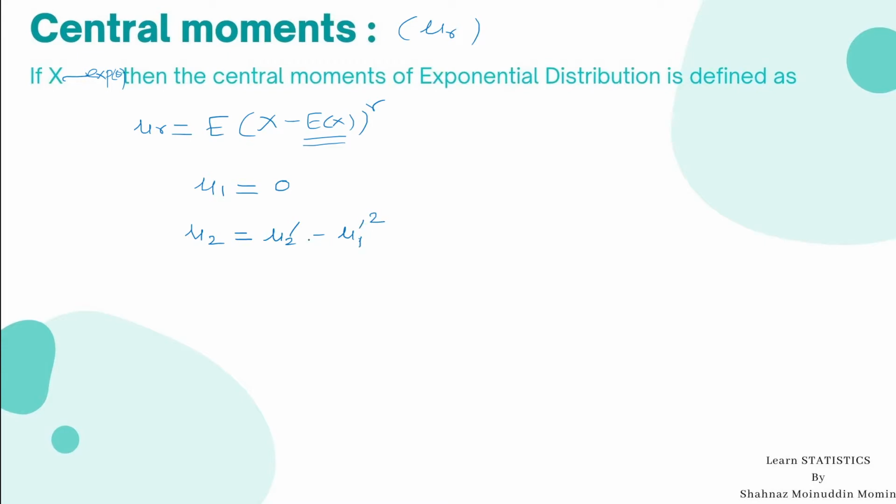This is the second relation of raw moment and central moment. In the previous lecture we have already learned the raw moments. So substitute the values of raw moment, second raw moment, which is 2 divided by theta square, and first raw moment is 1 upon theta, bracket square.